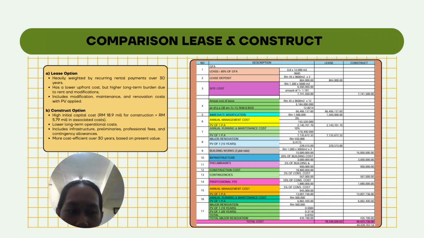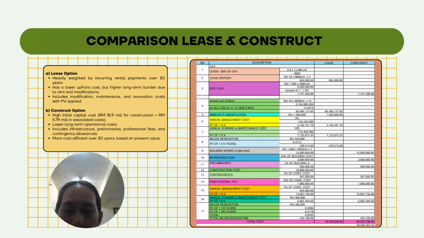If we lease, we pay rent every year. It might seem cheaper at first because we don't need a lot of money upfront. But if you add it up over 30 years, plus money to fix up the place, maintain and renovate it, it ends up costing 78.3 million in total.